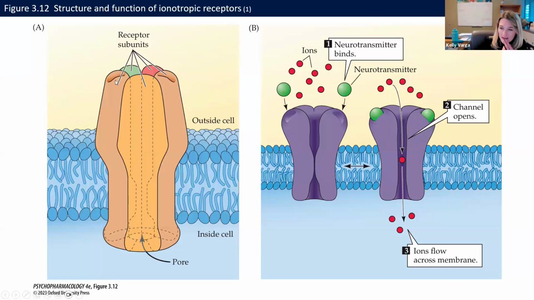So in my ionotropic, I am going to have a generalized structure that I'm moving ions through, because again, I have to get over the hurdle of my hydrophobic and hydrophilic aspects of my membrane, right? The biggest hurdle being my hydrophobic pores.